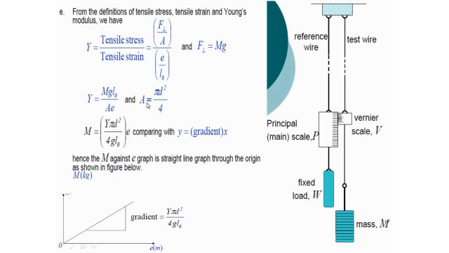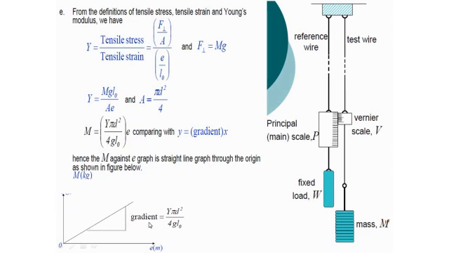Again, I repeat, put the value of A in this equation and then rearrange. Then m is equal to Y pi d squared divided by 4g L naught, whole into e, and comparing with y equals mx, that is the gradient. Hence m against e is a straight line through the origin. So this is the straight line and this is the slope.